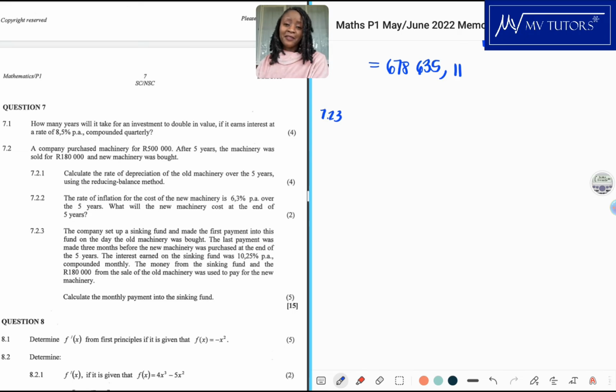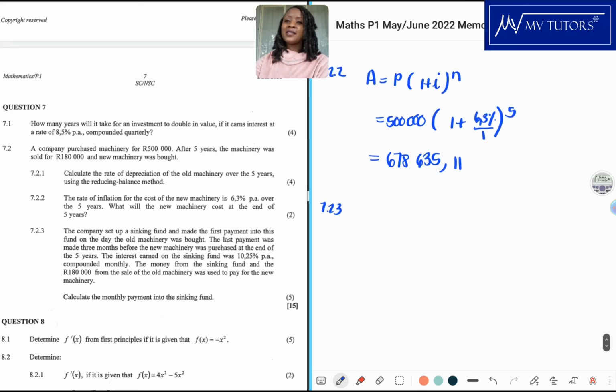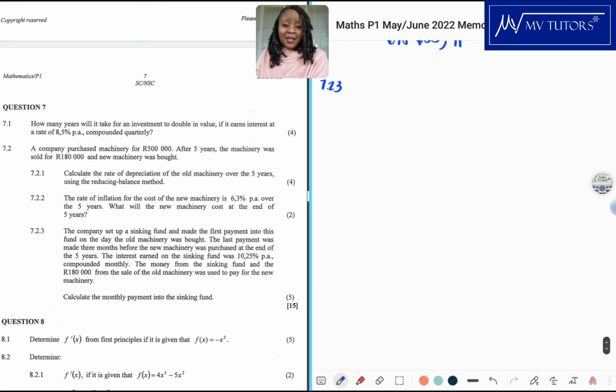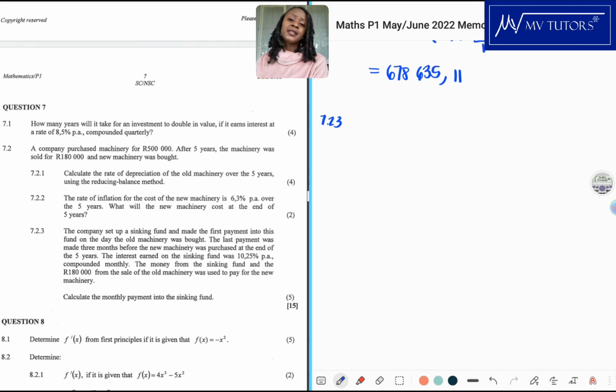So if it was valued 500,000 today, and over 5 years it's now 180,000, I can only sell it for 180k, and the new car is 678. So that balance there I would have to start investing for, so that by the time 5 years comes, I can just buy the car cash and not have to take a loan from the bank. This is what a sinking fund is for. You want to avoid having to use the bank. You want to save the money yourself so that you can buy the thing cash.